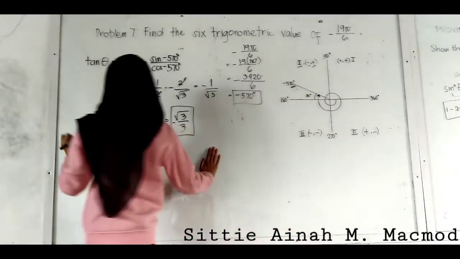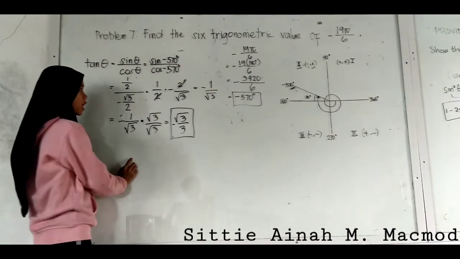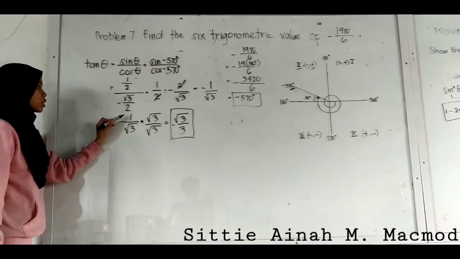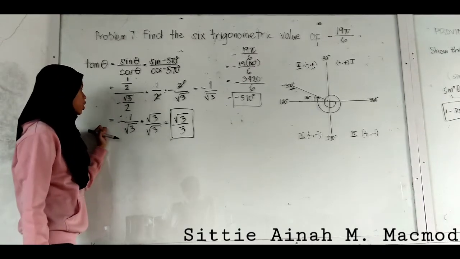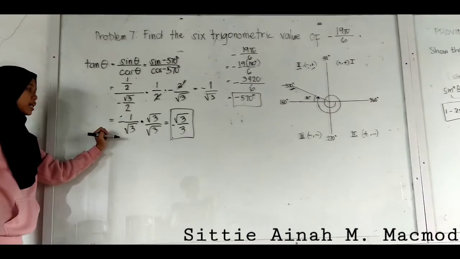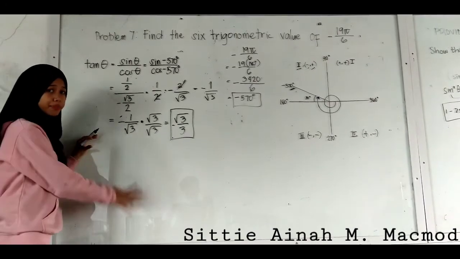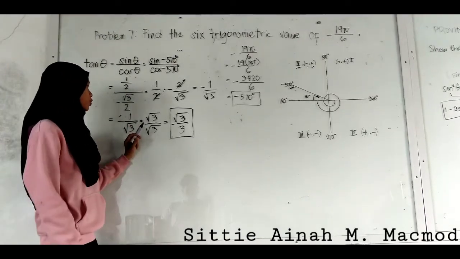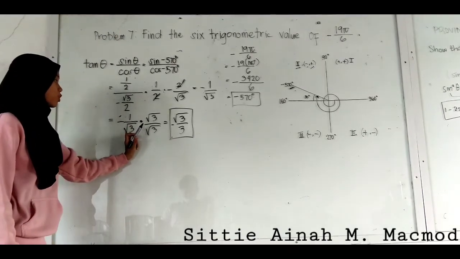So, let's proceed, because the square root in the denominator has not gone away yet. So, negative 1 over square root of 3. We need to rationalize, so we can cancel the radical sign in the denominator. So, multiply by square root of 3 over square root of 3.